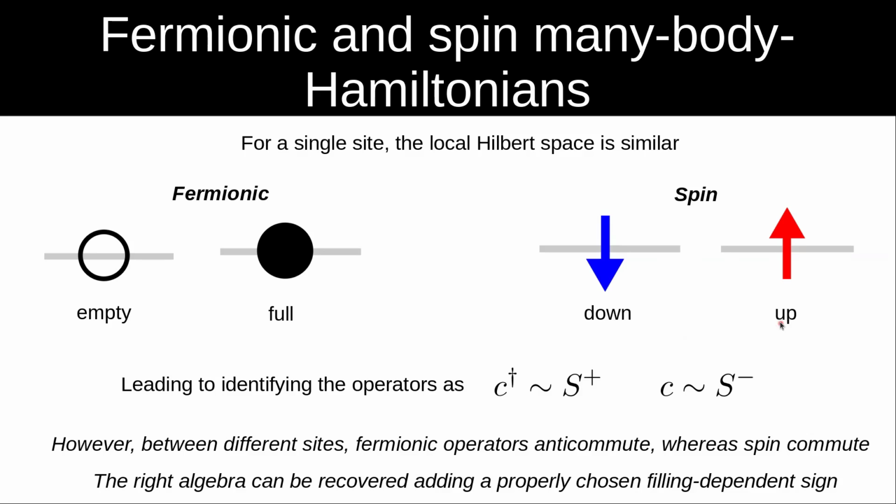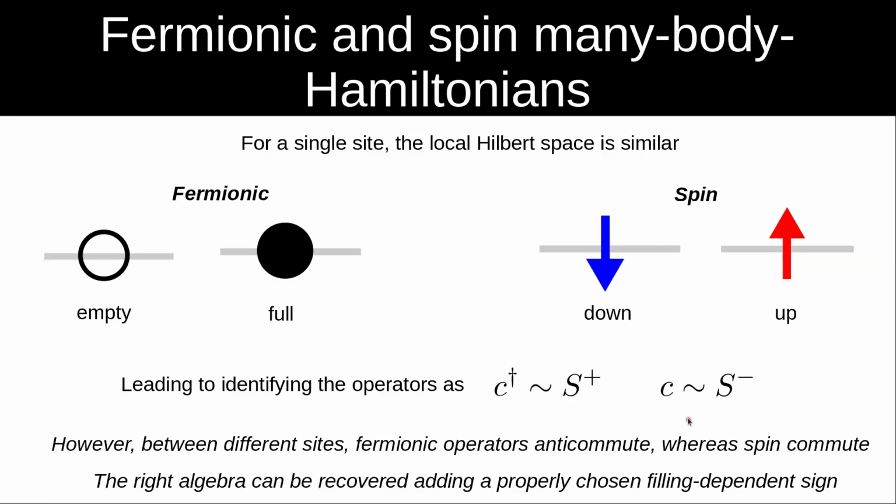However, there's one thing that one needs to remember, that is very, very important, which is related with the actual quantum statistics of the two models. Fermionic many-body wave functions are antisymmetric, whereas spin many-body wave functions are symmetric because they are bosonic. So when you try to use this very same argument with two sites or several sites, you see that this simple mapping between creation operator and ladder operator, and annihilation operator and ladder operator, does not hold anymore, because you need to accommodate this extra sign that fermions have with respect to spins.